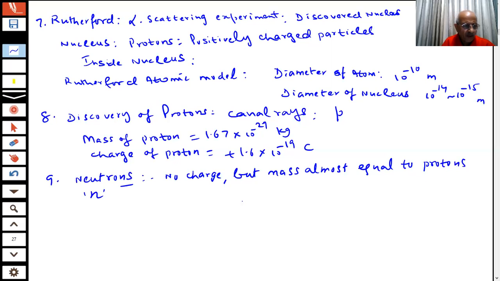Okay? And these smaller particles or subatomic particles are discovered by experiments. Their charges are determined by experiments. Their masses are determined by experiments. Neutrons are discovered in nuclear reactions.